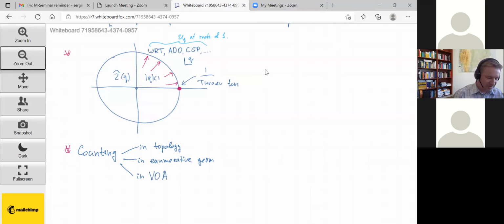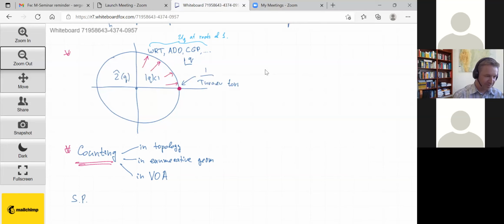So this word counting will have several meanings, and it's a big chapter. It will be maybe more conceptual, but with fewer theorems, cutting corners, even some more. So first, let me do counting in topology.